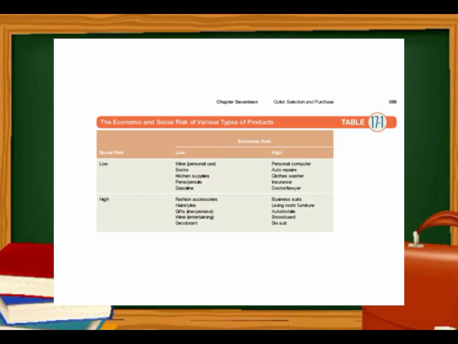Like product categories, retail outlets are perceived as having varying degrees of risk. Traditional outlets are perceived as low in risk, whereas more innovative outlets, such as online, are viewed as higher risk.